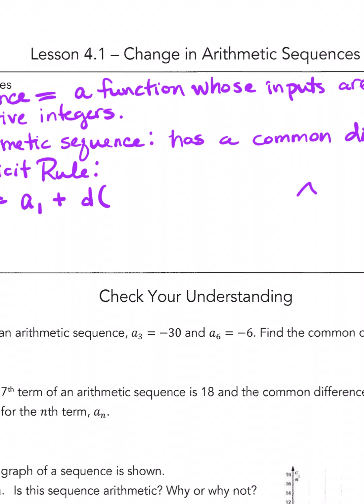Oh, you know where you look? Look right here. Which term are we using? So in this case, it would be n minus 1. If that were a sub 7, it would be n minus 7, wouldn't it? If it were 18, it would be n minus 18. Get it? So that tells me this, okay? So the nth term, so this is the nth term. This is the first term. Of course, you know D is the common difference.